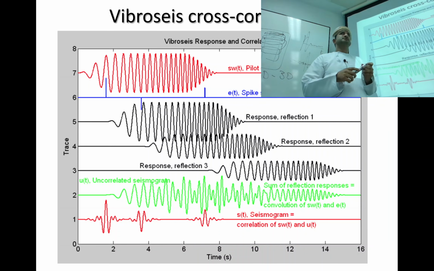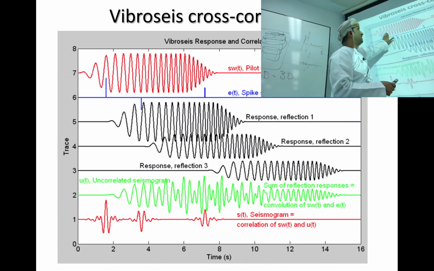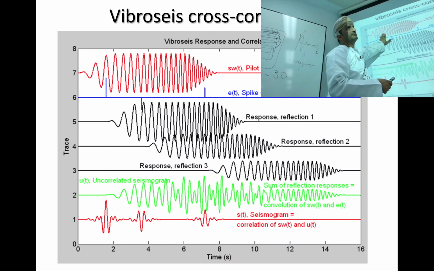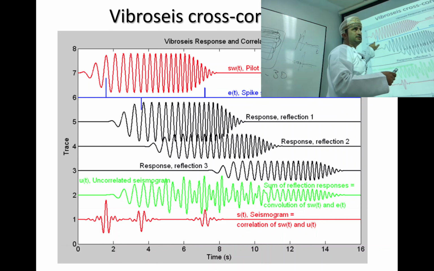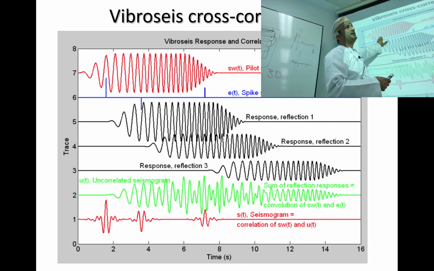It's not the incident angle. It's because of the acoustic impedance. Yeah, that's how it is, because here I'm moving from a softer layer to a harder layer. The product of density times velocity is lower here than here.